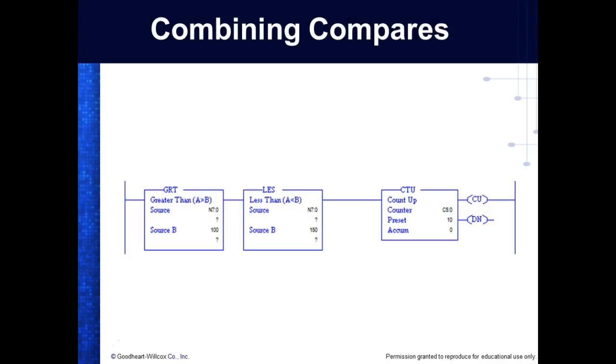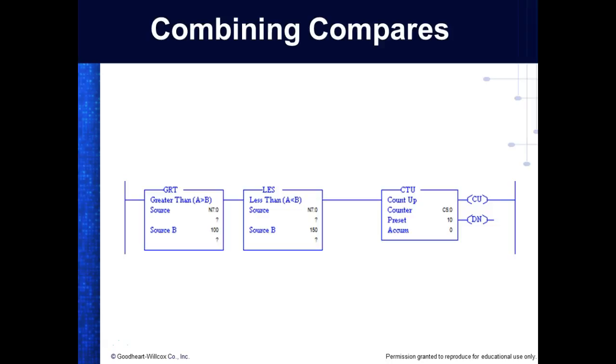Combine and compare instructions. So here we're setting a range. The first one says if source A is greater than 100. Source A is coming from, the A is gone, by the way, in this example. Y'all notice that? This is probably a Logix Pro instruction. Sometimes Logix Pro is not perfect.